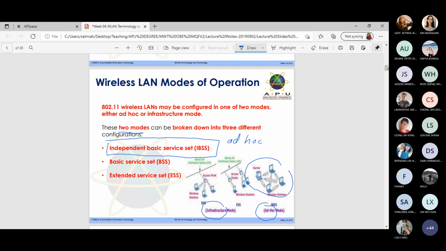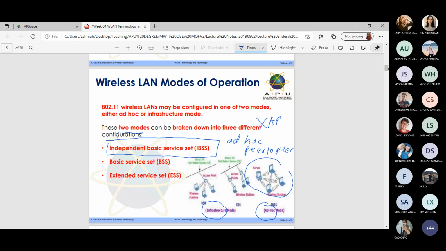It's just like the peer-to-peer concept, where all the end devices can be server, can be client at the same time. Equality. So in other words, they do not have an access point. No access point.